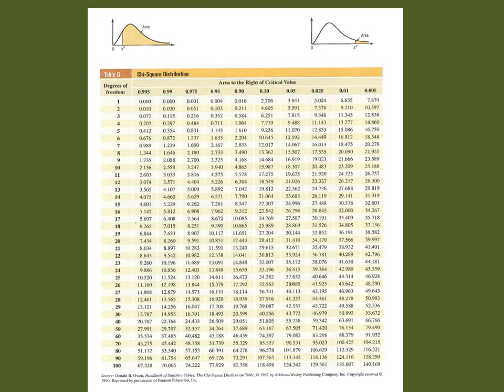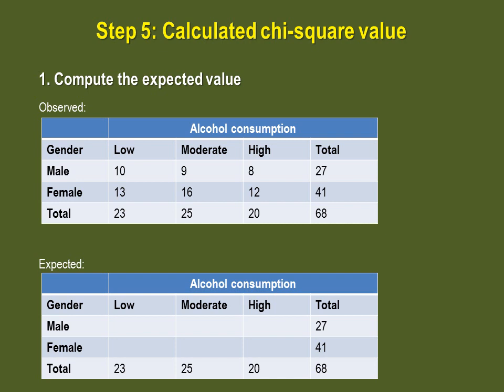If you remember our example, our table had a degree of freedom of 2, and our level of significance, or area to the right of the critical value, is 0.05, leading us to a critical chi-square value of 5.991.